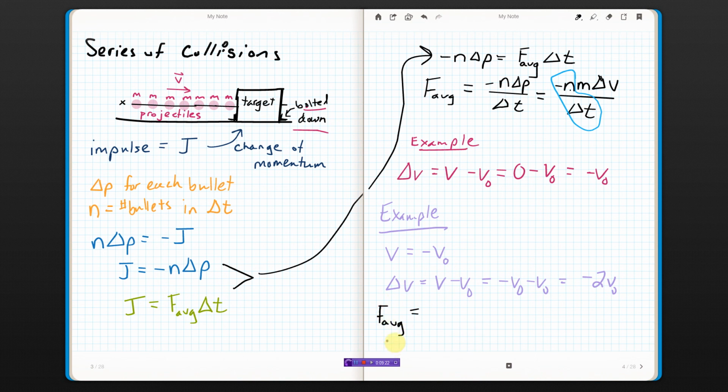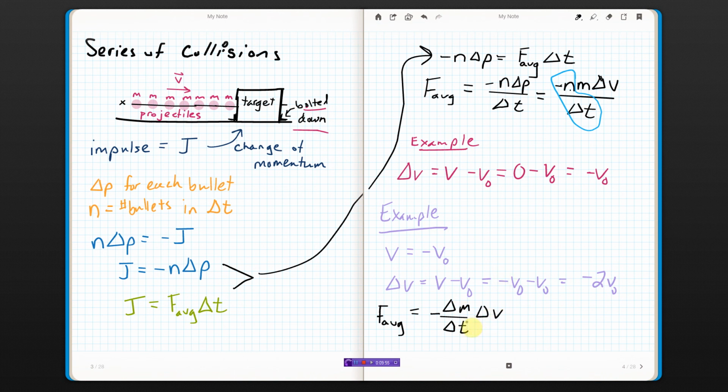In that case, the change of mass is how many bullets are colliding times each bullet's mass, so you can replace n and m with delta m. So that would be negative delta m over delta t, and then I've still got my change in velocity over there, which we've already talked about.